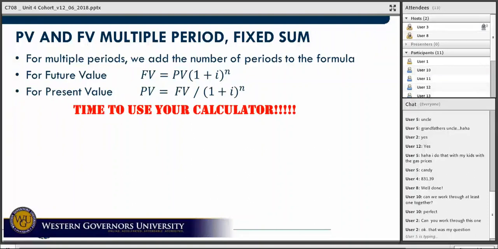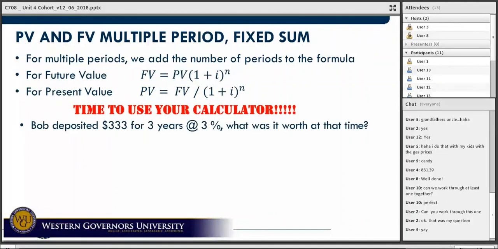In fact, look at that. It is time to use the calculator. Yay! Okay, Donna, far out. So now, Bob deposited $333 for 3 years at 3%. What was it worth at that time? Let's look at what the keystrokes would be for that.